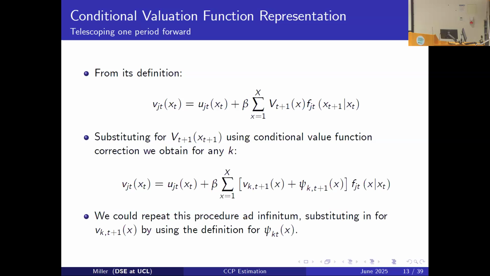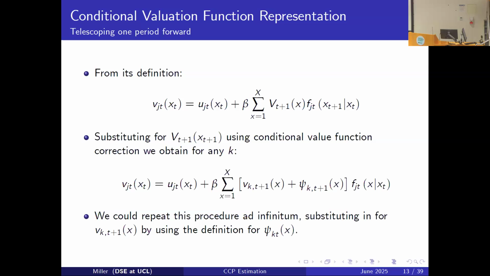Now pick any action, K, any, all right? It doesn't have to be the optimum. This has nothing to do with what the agent does. This is what we do when we're trying to represent what's going on, okay? That's what I mean by pick any K. Because it's true for all of these Ks that we can always represent this big V in terms of the little v plus the correction factor. I just showed that before, all right?